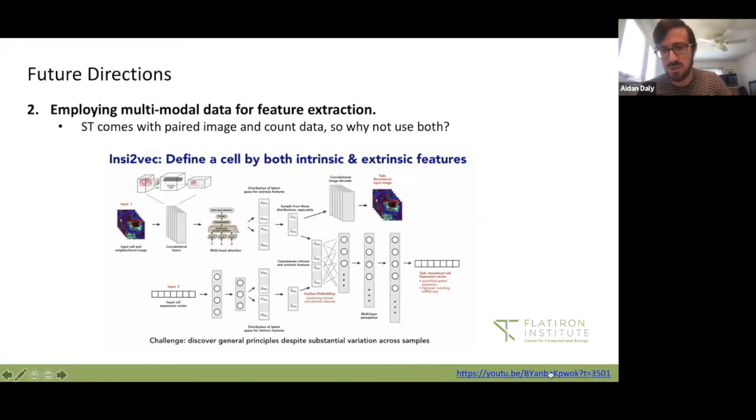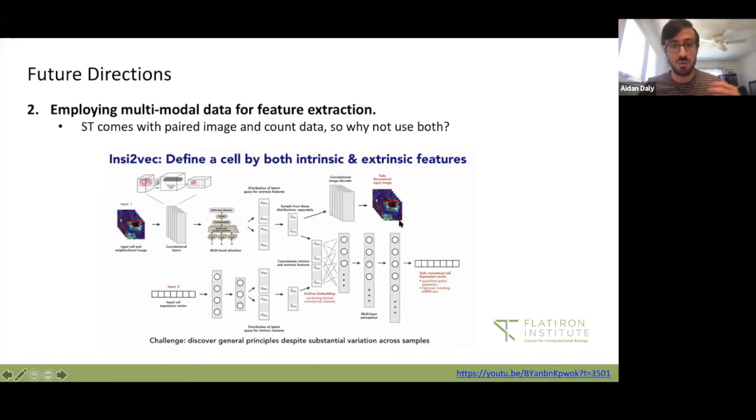I couldn't find a preprint on this, but she mentions it in this cool talk linked at the bottom, where basically you take, in this case, an image of your different spots, as well as the expression data that you have at those spots. And you put them through this autoencoder, they talk to each other, and then you can get a sort of cleaned expression estimate by putting in this image data as well.